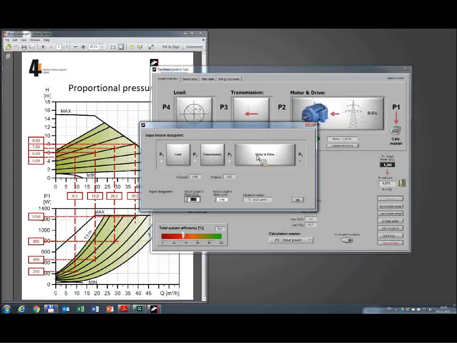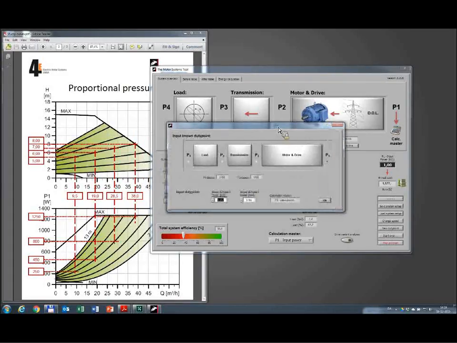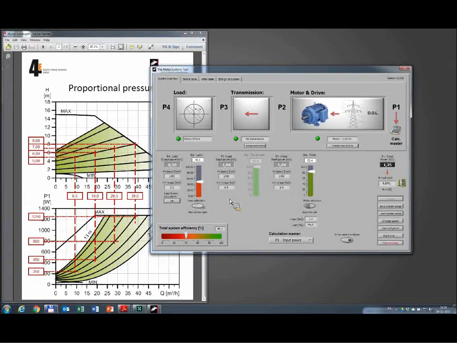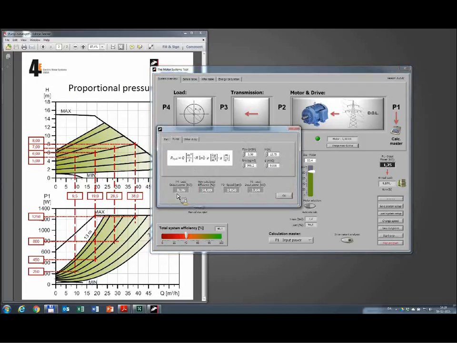From the curve, the first duty point has an input power of 1.25 kilowatts, and the hydraulic parameters of the first duty point in the new system are a head of 8 meters in this case, and then we have the same flow as before, which is 38 cubic meters. We get the efficiency calculated, and this is okay.